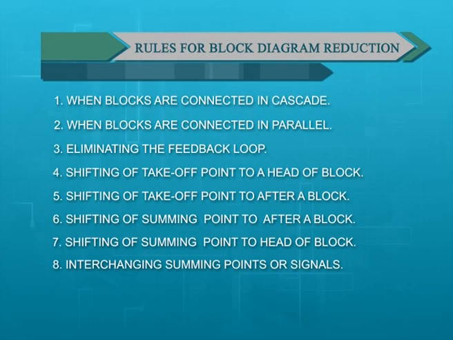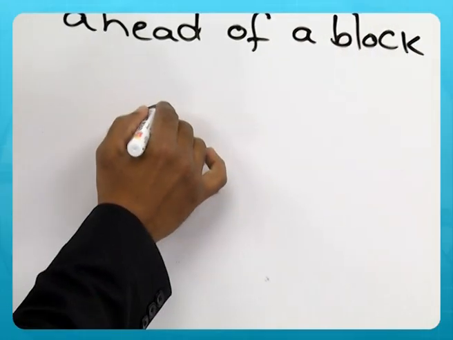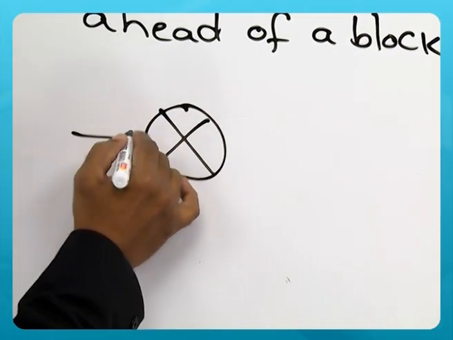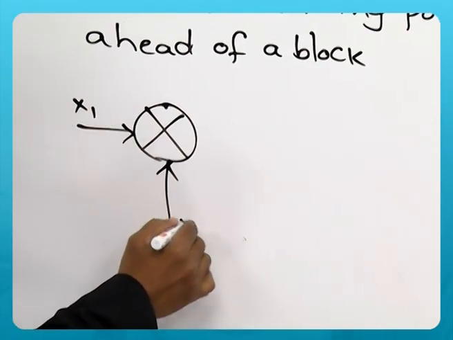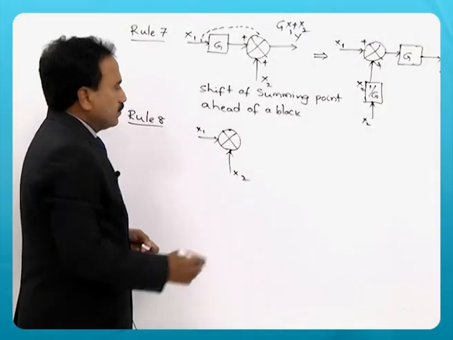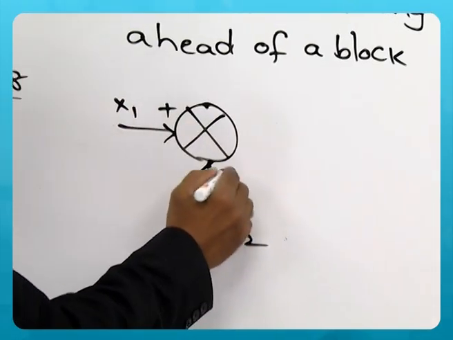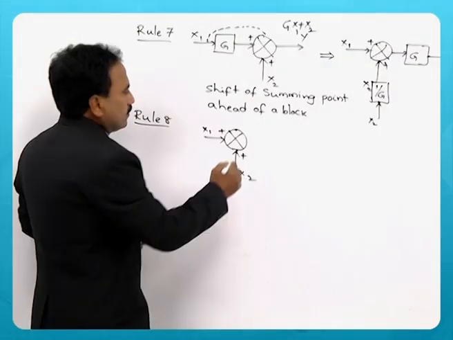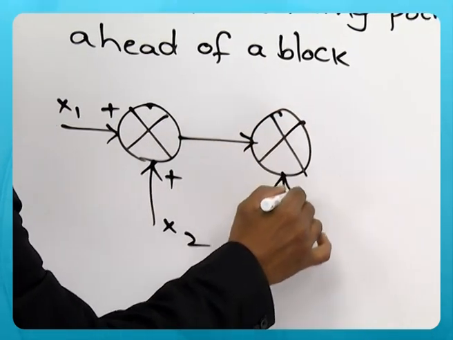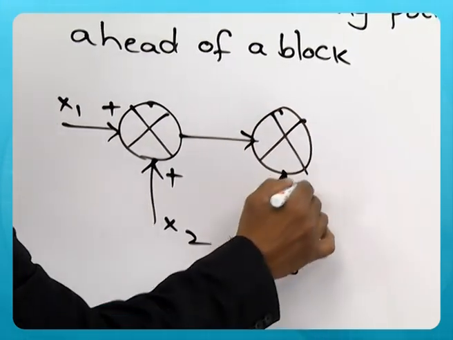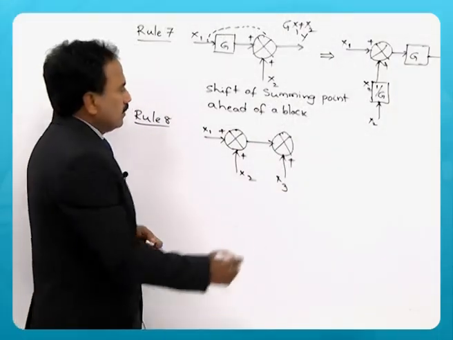Rule 8. Say x1, x2 with positive sign. There is another summing point, x3 with the same positive sign.